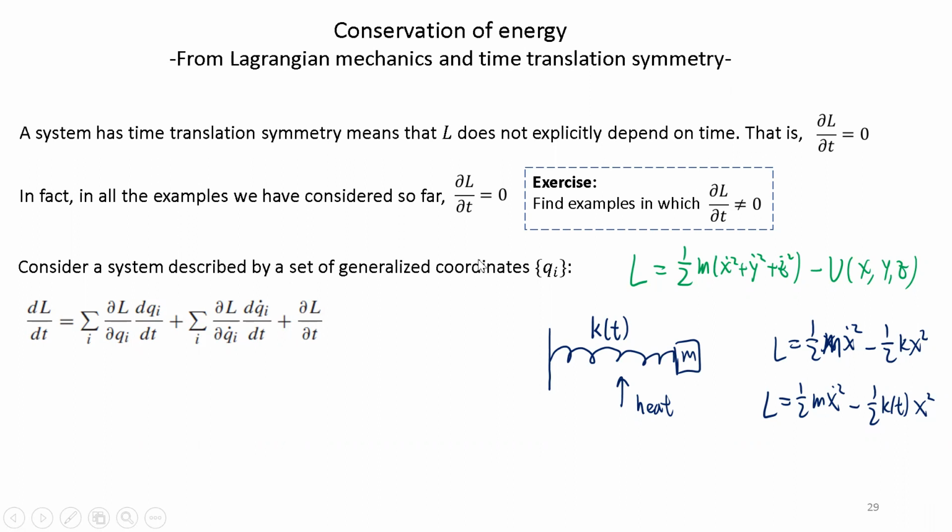So now let me consider the total derivative of this Lagrangian. Remember, last semester I also talked about the total derivative and the partial derivative. By definition, the total derivative is written like this.